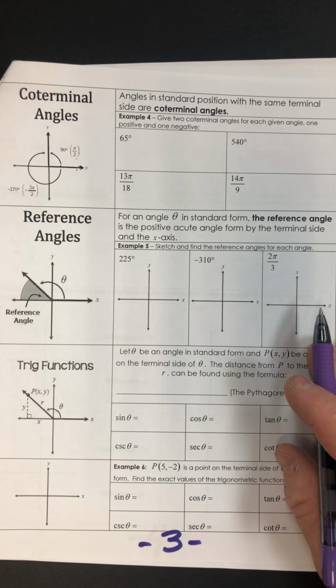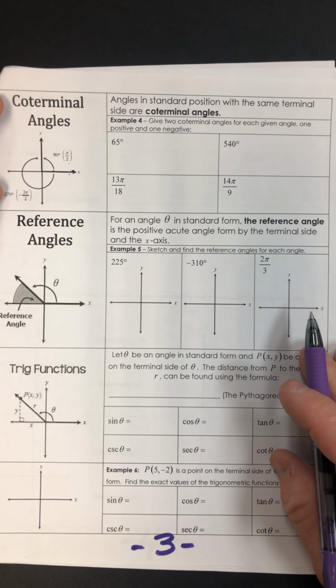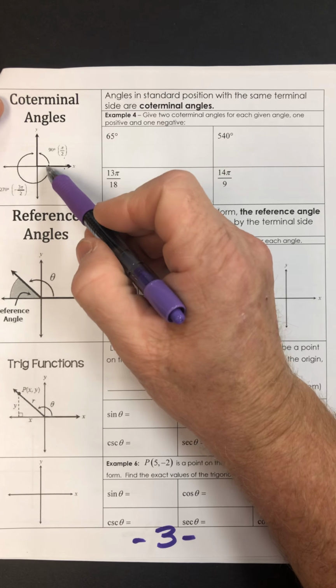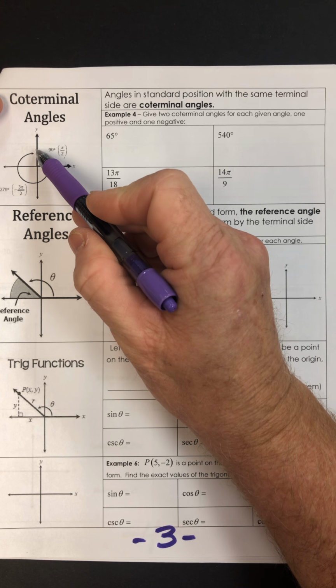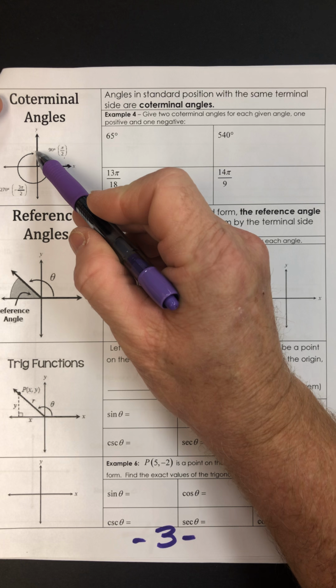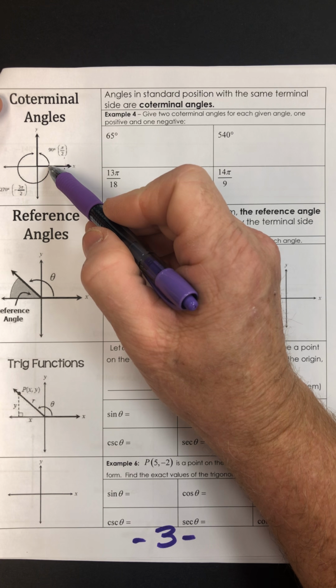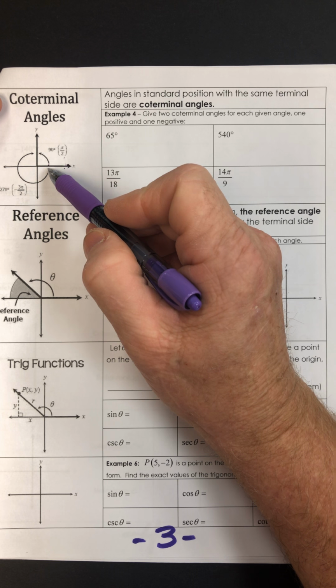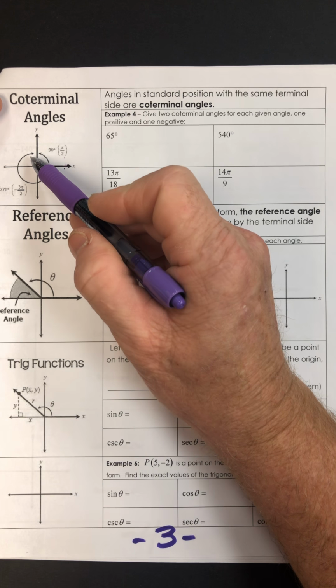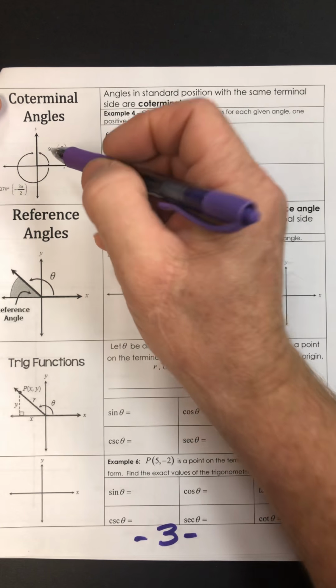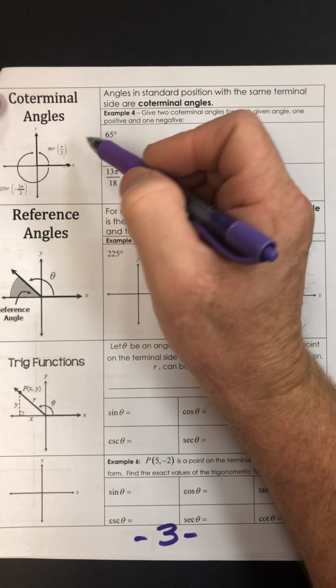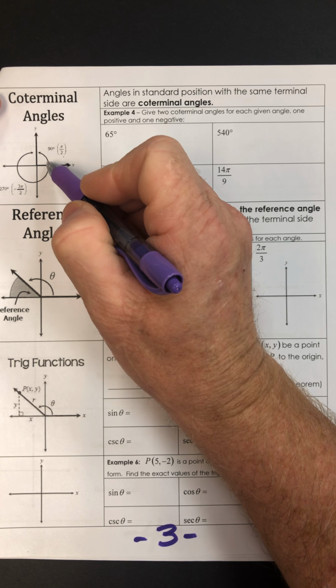So how do we figure out coterminal angles? We went in the positive direction, and we also went from where we started in the negative direction. If I wanted another positive coterminal angle, I could go all the way around again.